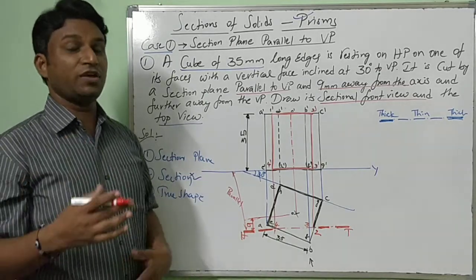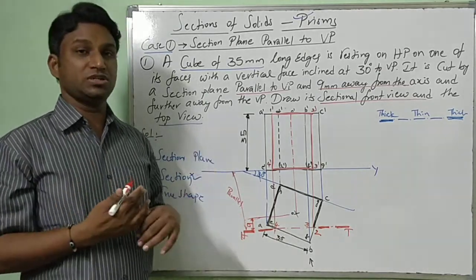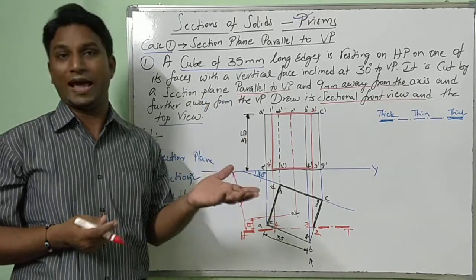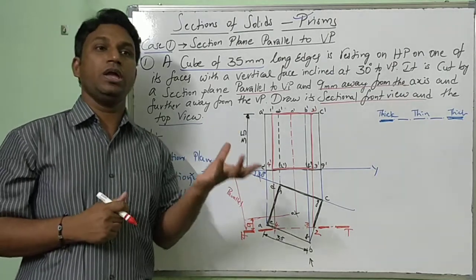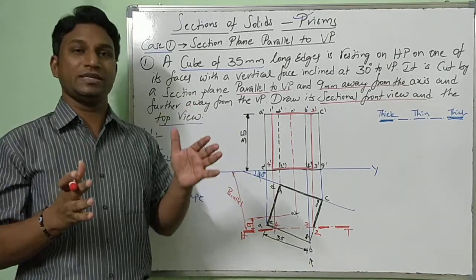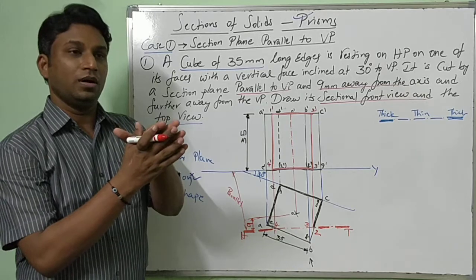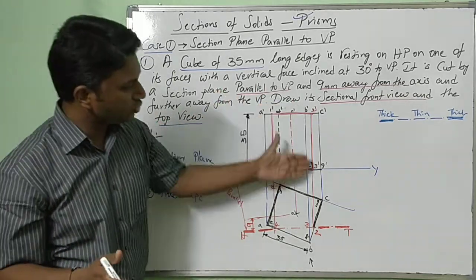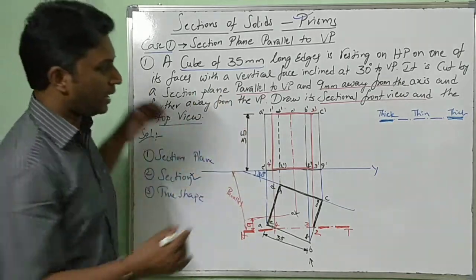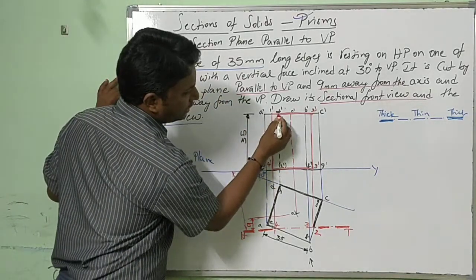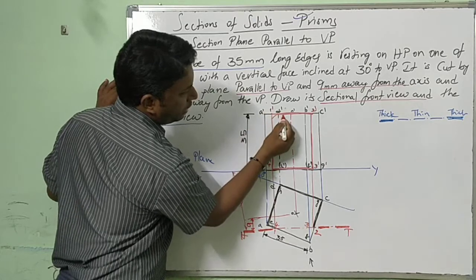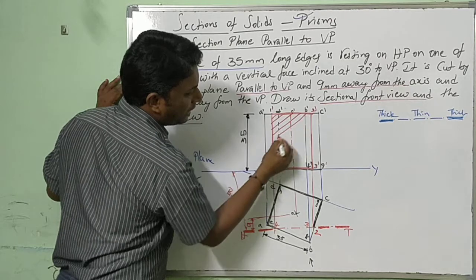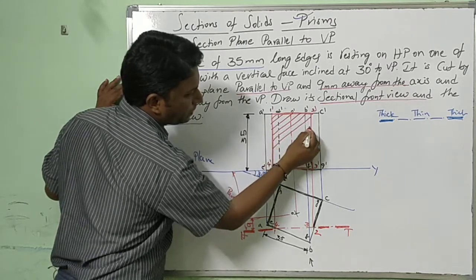So sectional front views or true shapes of sections are shown with the help of hatching. What do you mean? The new word, hatching. Hatching is nothing but drawing lines in a particular place at regular, equal distances. Now 1 dash, 2 dash, 3 dash, 4 dash, it's the area where I am hatching. Doing hatching means drawing parallel lines inside the box, inclined to the regular shape.